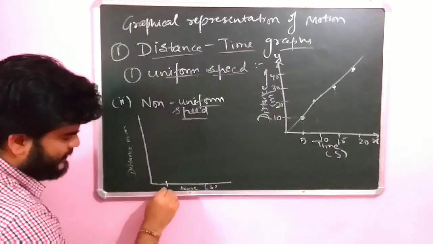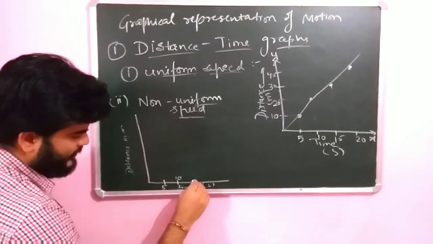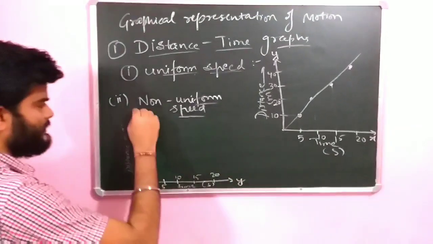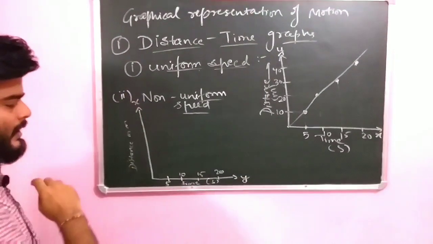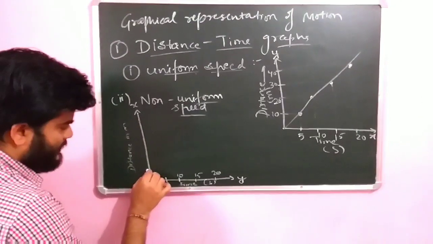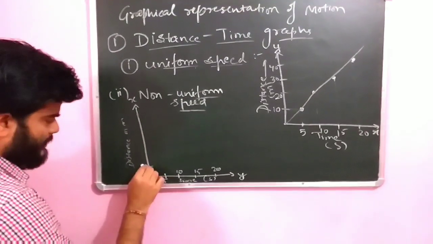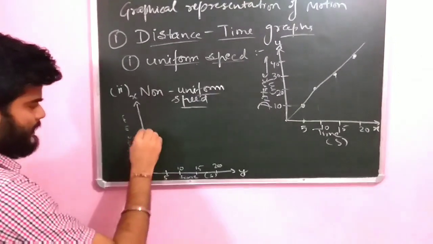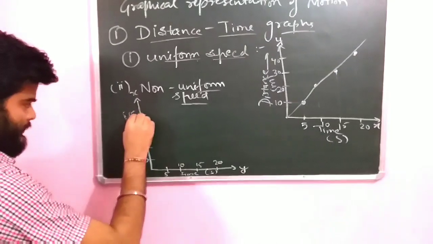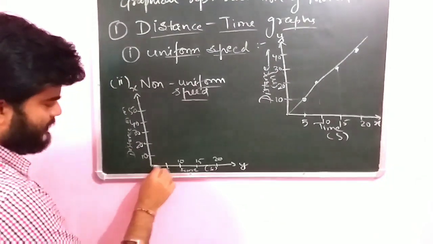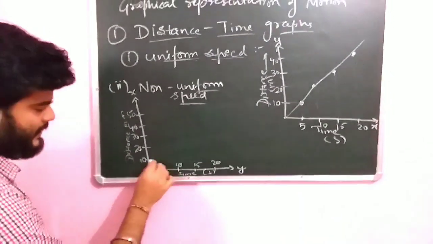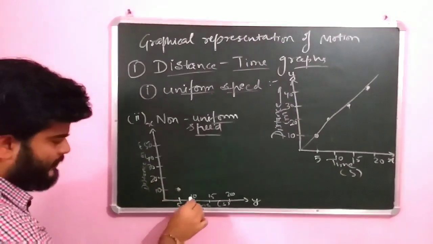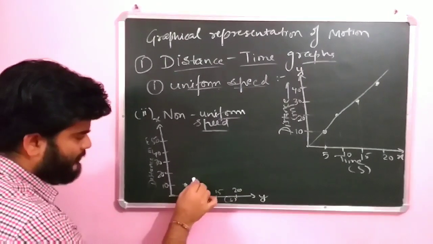I am taking again the same time, which is 5, 10, 15, 20. This is y-axis, this is x-axis. Now here the distance will not be equal. Let us consider in first 5 seconds it covers 10 meters, but in next 5 seconds it just covered 5 meters.